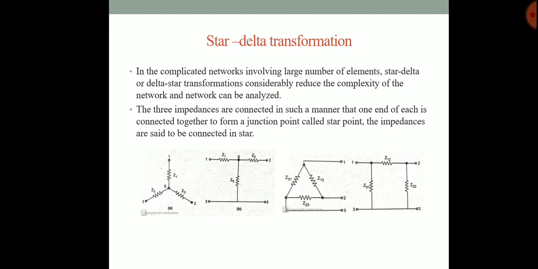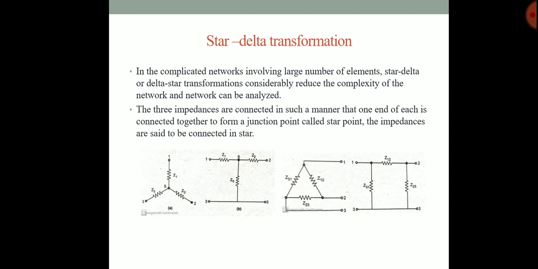So the delta connection always forms a loop or closed path, as shown in the figure. It can be represented as shown in the figure, resembling the letter pi. So the delta connection is also called pi connection.